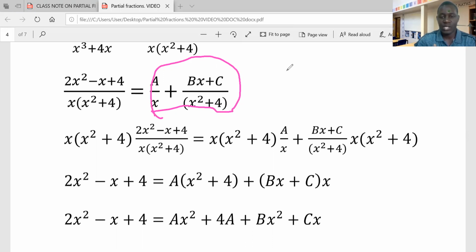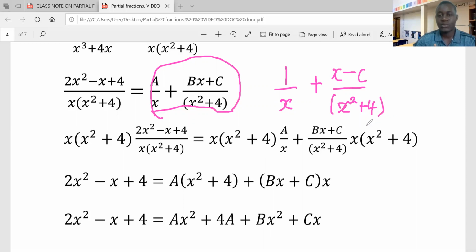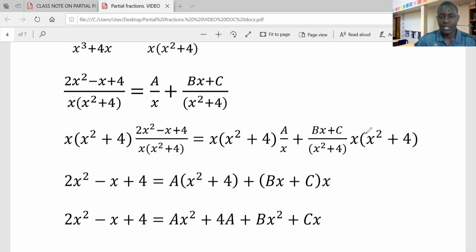A is 1, so we have 1 over x. Then we have b as 1, so 1 times x will be x. Then we have c as minus 1, so that gives us minus 1. All that over x squared plus 4 in brackets. So that is the solution for this particular example.